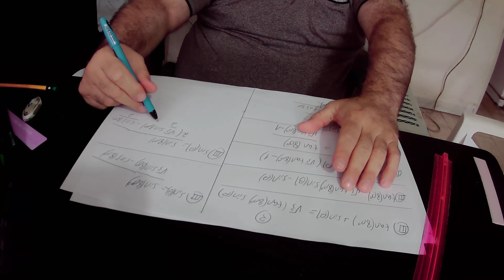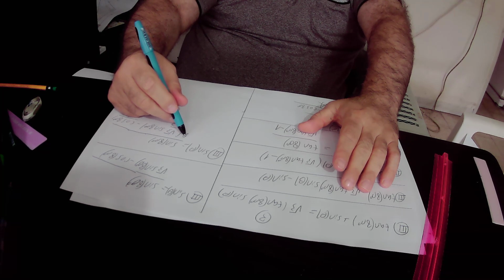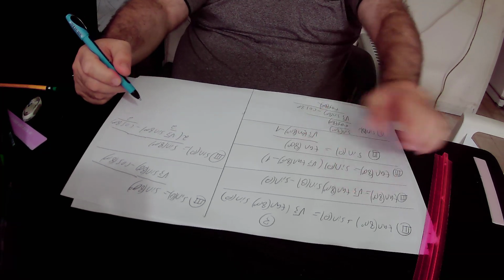Here we divide by 2 and here we multiply by 2, so we change nothing.